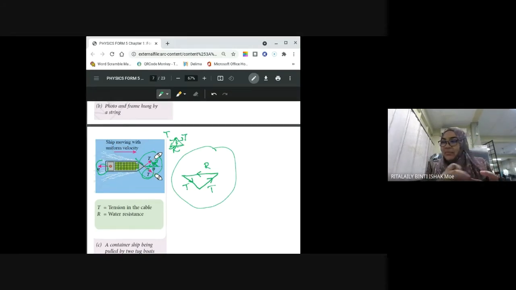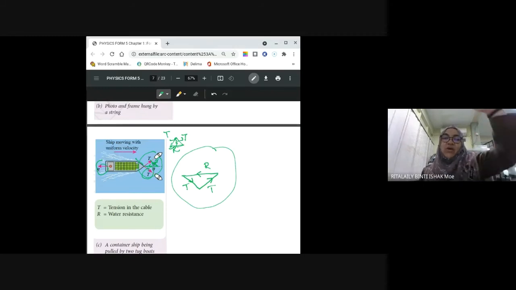When force is exerted onto it, dia akan move kan. So there is acceleration. So there will be no way for the system to be in force equilibrium. Tapi after some time, the ship moving with uniform velocity, then that is the part where the force is in equilibrium. Okay, dia punya water resistance dengan the two forces tu dah equal.